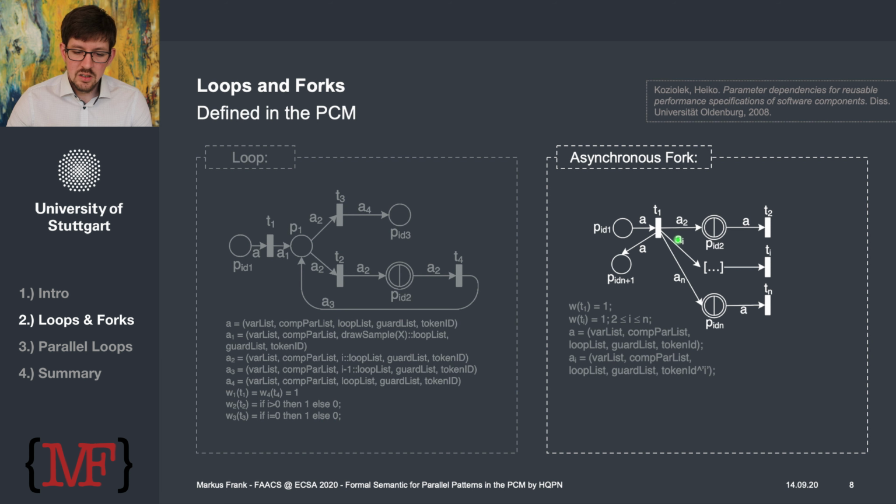And we also place a token in all the subnets, which represent forks, at the same time. When the tokens return from the subnet, we simply destroy them. This way we can assume asynchronous behavior.